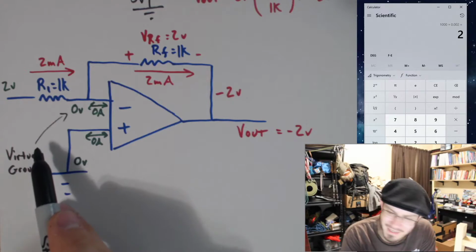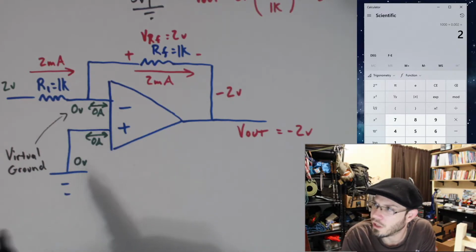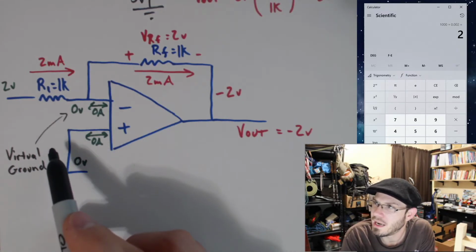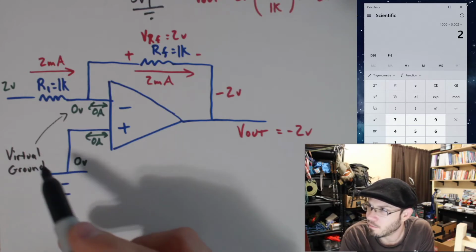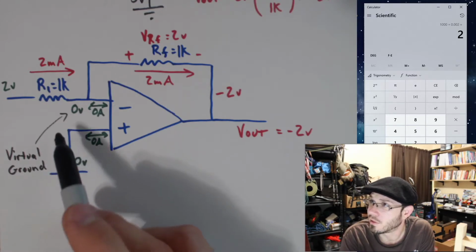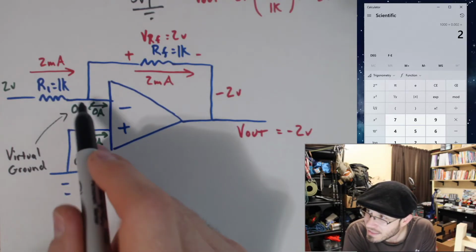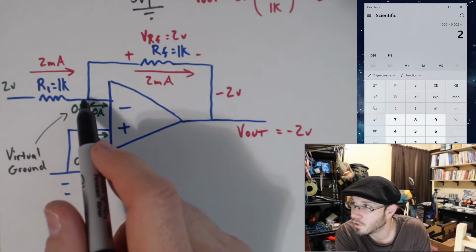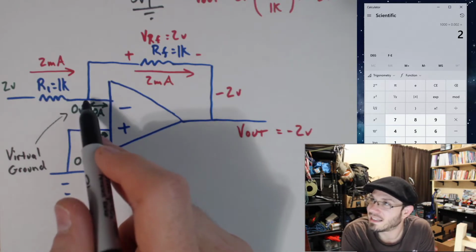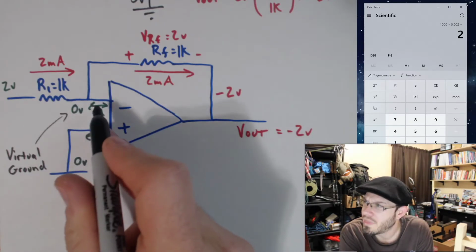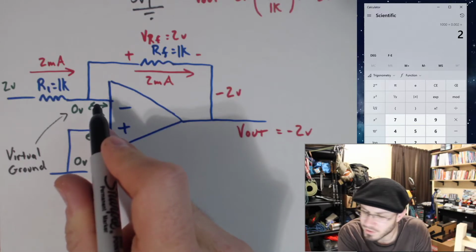Now, I say this because you're going to see this if you're ever looking up op amps. In the grand scheme of things, my take on it is, okay, big deal. So what? You're calling this a virtual ground. It is called a virtual ground because it is at the same voltage as ground without actually being connected to ground.